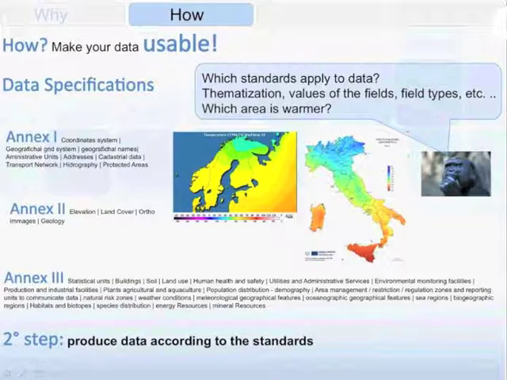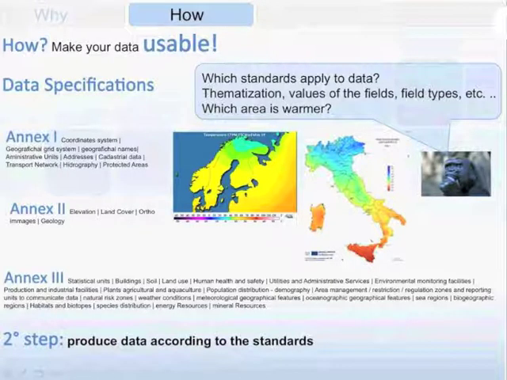Each of these annexes refers to a category of objects in the geographical context. For instance, just to make a very simple example, the legend, how to present colors in a map.